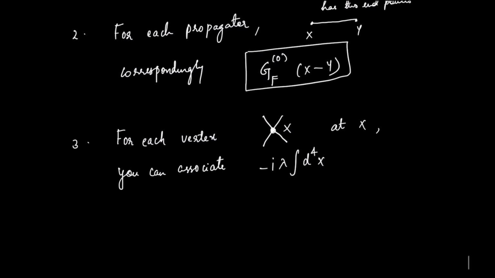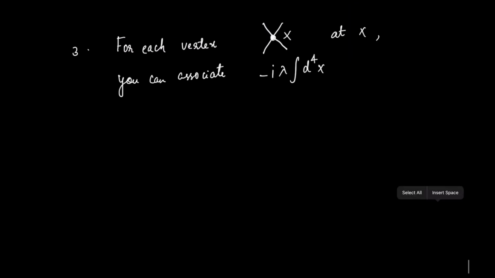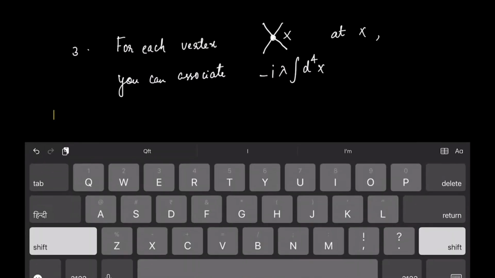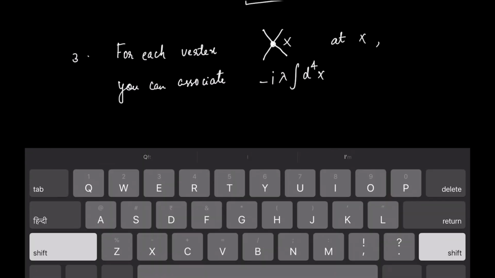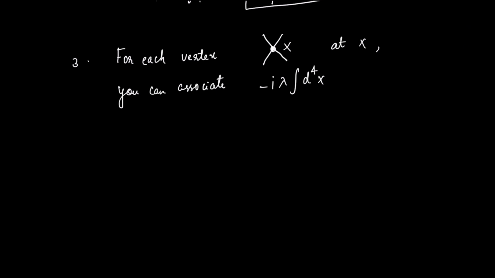Okay, so wherever there is a vertex, you can always associate minus i lambda integral d^4x with the vertex. Fine.